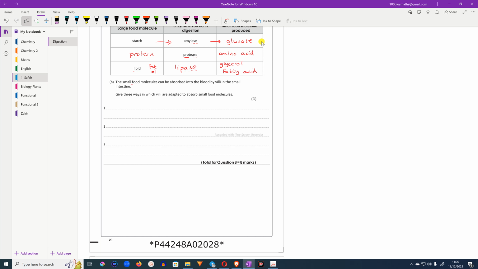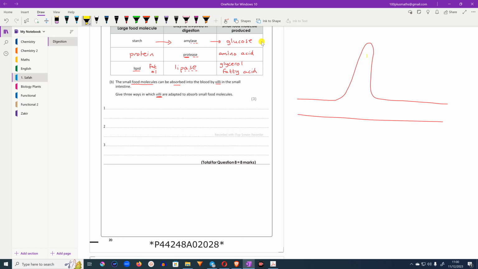Right. Small food molecules are absorbed in the villi, in the intestines. How are villi adapted to absorb small food molecules? Right, so look, there's your intestine wall. Well, that's the outside. This is the inside, and you got a little projection like this. That's your villi or villus. Now, that's the first thing.